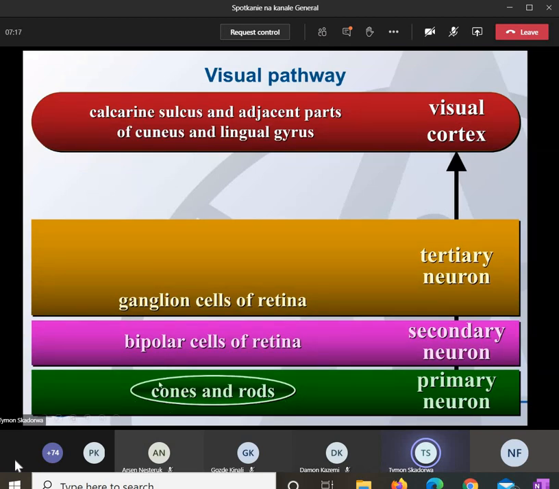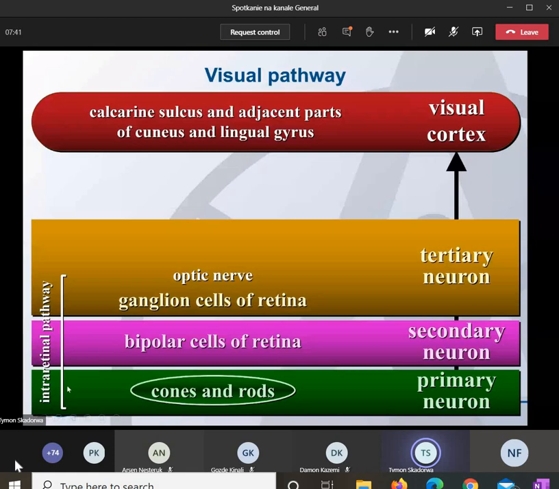So cones, rods, bipolar cells, and ganglion cells are all modified neurons of the retina. And then the ganglionic cells of the retina send out fibers which run toward the brain. And these fibers will actually form the optic nerve. So the first 3 neurons are located inside the retina.